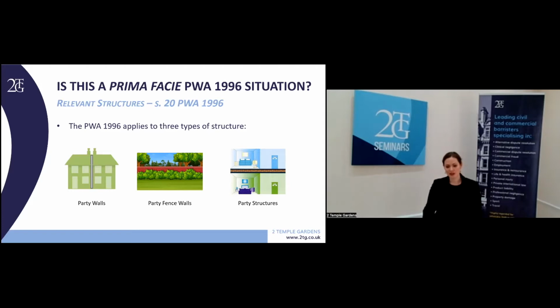Although it's worth noting that there's a slight sting in the tail of this definition as well. In order for something to be a party structure, the two properties have to have different staircases or different entrances. So while a classic block of flats would likely fall within the Act, a house of multiple occupancy, for example, probably wouldn't.